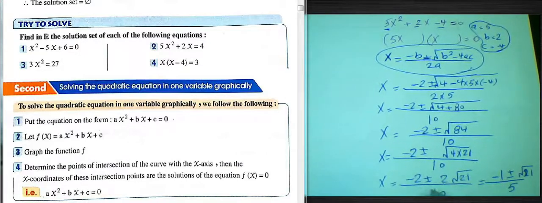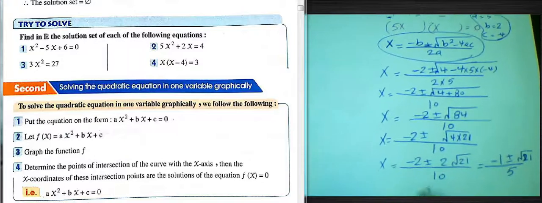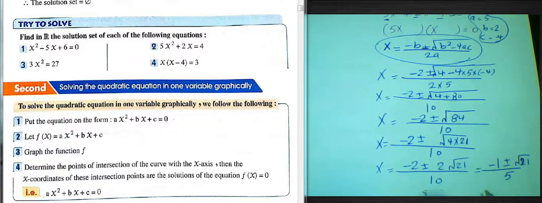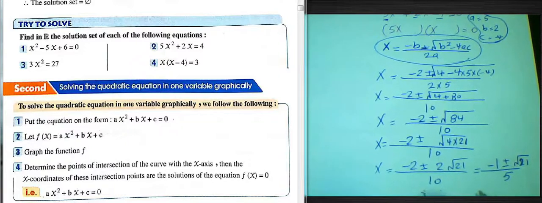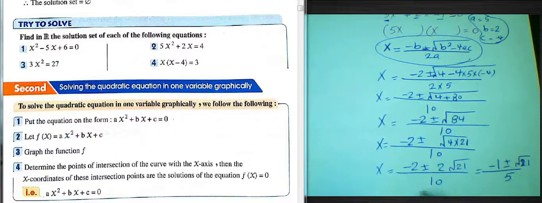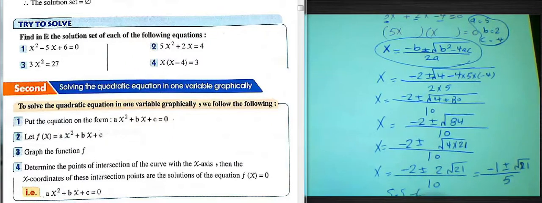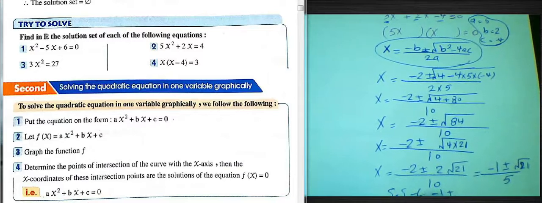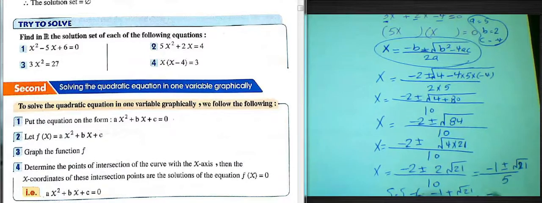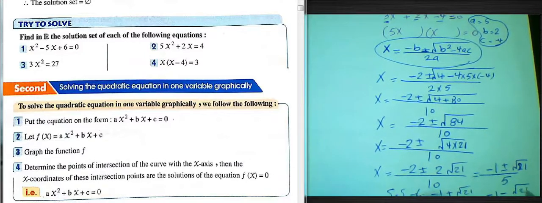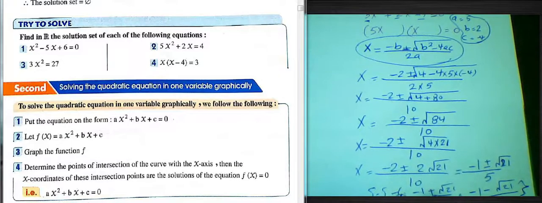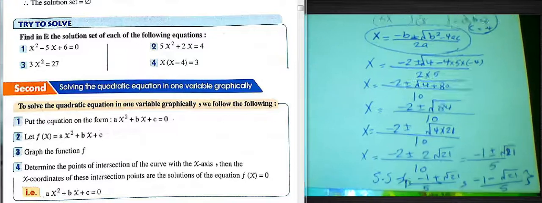So the solution set, if you want the result in R, is negative 1 plus square root of 21 over 5, and negative 1 minus square root of 21 over 5, and then we close it. It's okay.